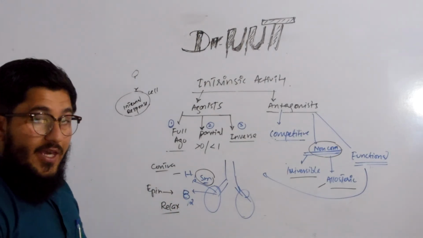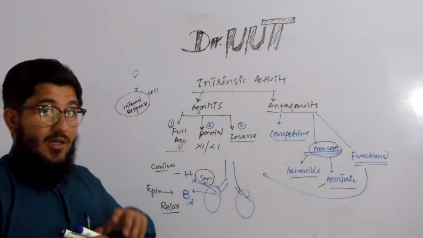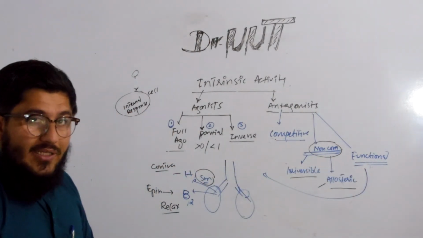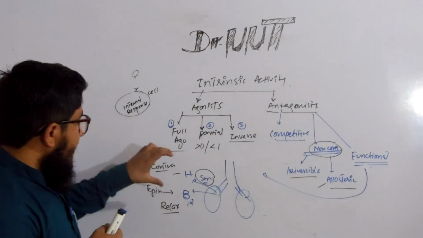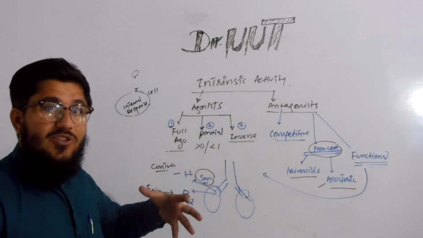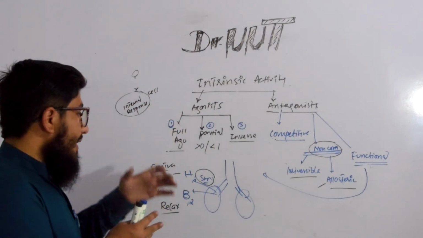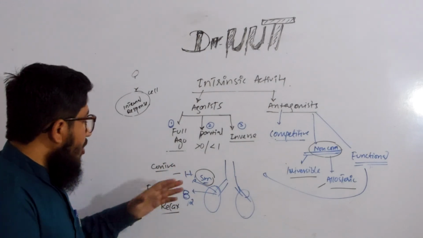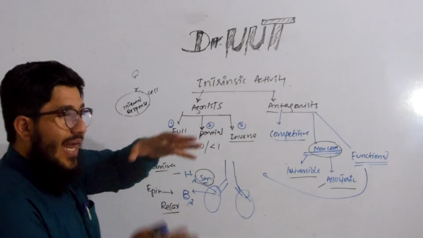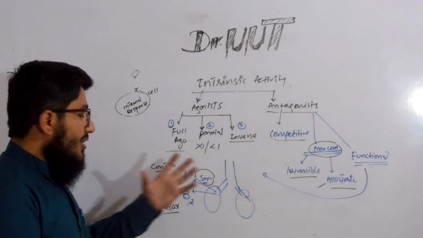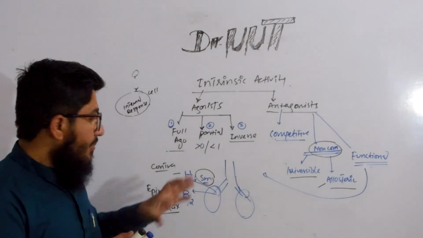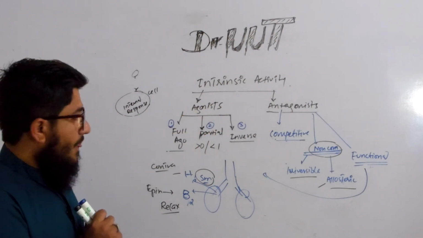Now you get the basic understanding that functionally they are antagonizing. One's function is to relax, another's function is to contract. Histamine is supposed to contract by means of H1 receptors, whereas epinephrine is supposed to relax the smooth muscle by means of beta 2 receptors. So this is called functional antagonism, being shown by different receptors.